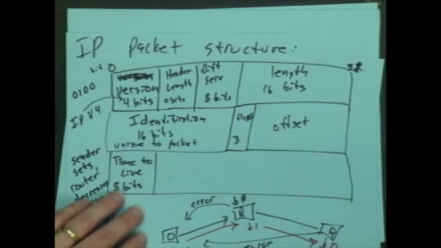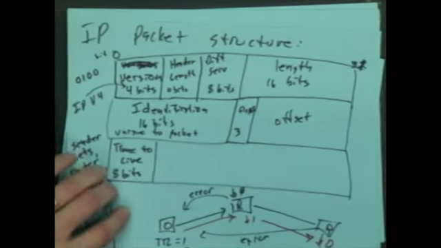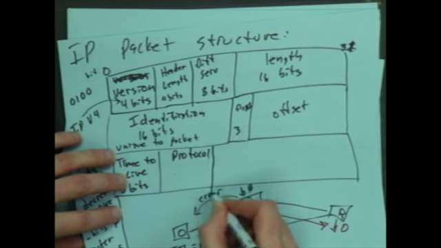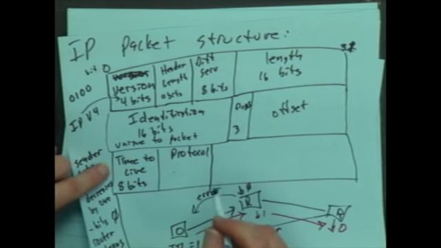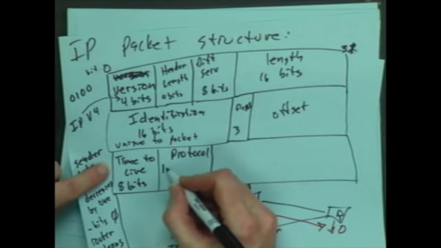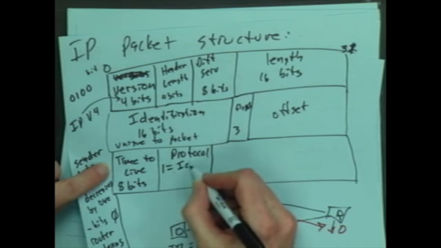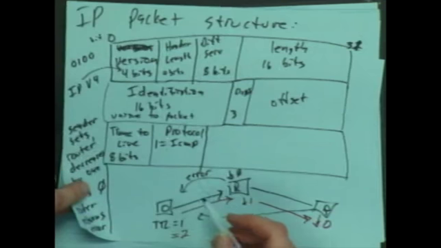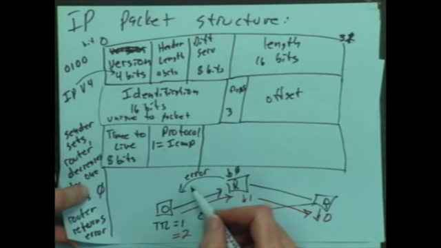This other stuff I'm not going to get into. Flags, we got time to live. Next up over here is protocol. And normally here, we will flag things. There's 1 for ICMP. So the protocol equals 1 for like the ping messages or these error messages.